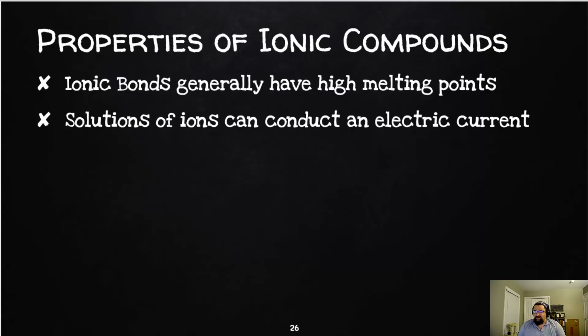Also, if you can get it hot enough, we call it molten, like lava, that will also conduct electricity. So ionic compounds will have a high melting point, but if you do melt them, they'll conduct electricity. And if you can dissolve them in water, they will also conduct electricity. All right. That's about all we need to know for right now about ionic bonding.